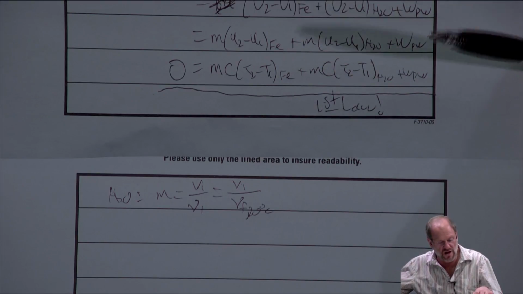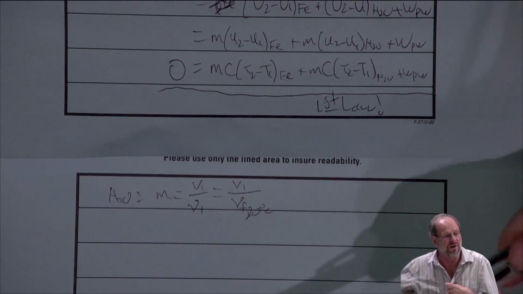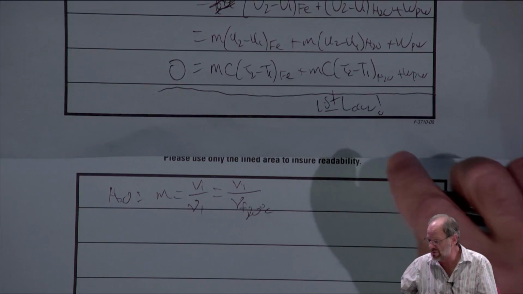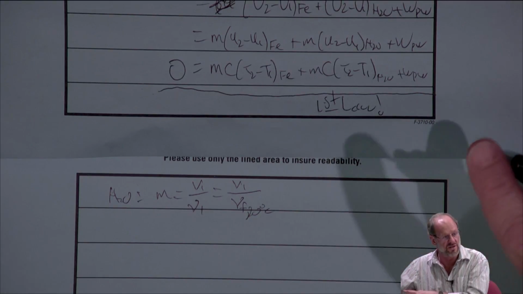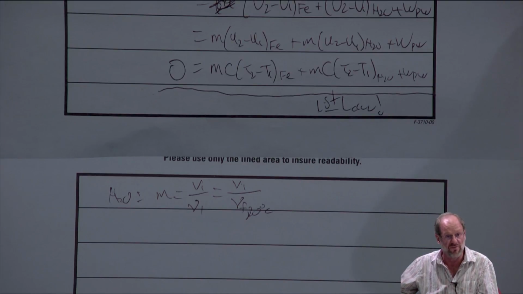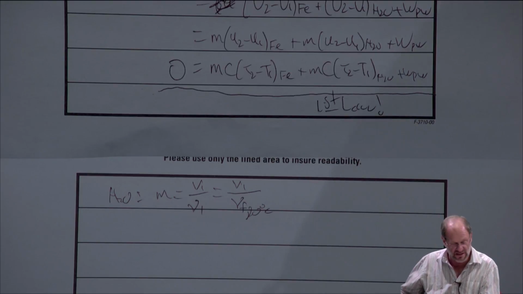However, since this problem is trying to illustrate how to solve problems using heat capacity, I'm going to break my rule just this one time, and I'm going to use heat capacity data instead of using the data for compressed liquid water or saturated liquid water from table A4. Okay? But again, it's really just so I can make the proper illustration as I'm solving this particular problem.